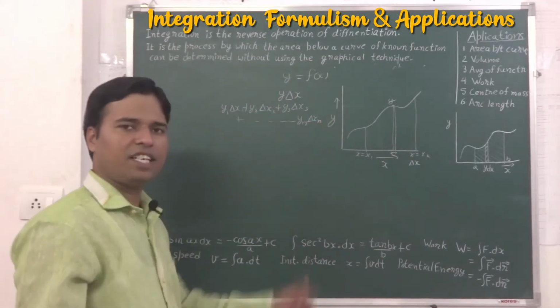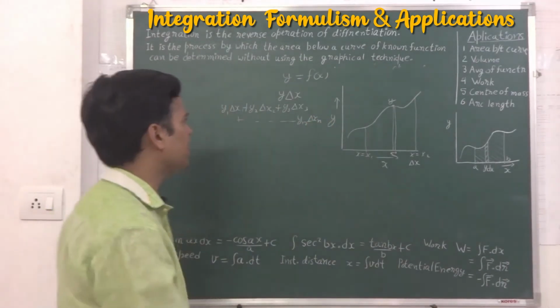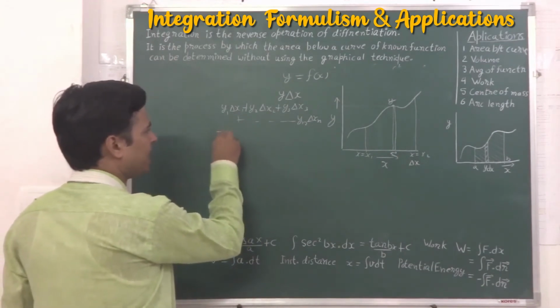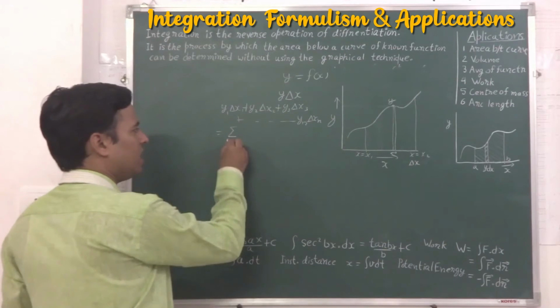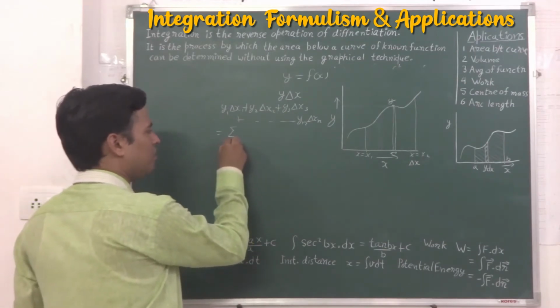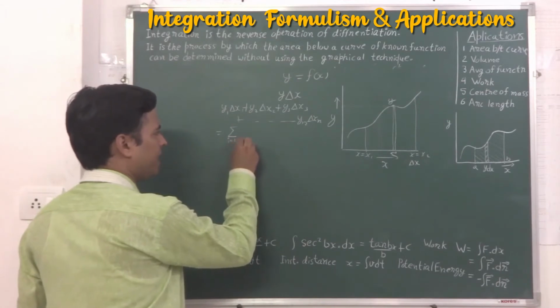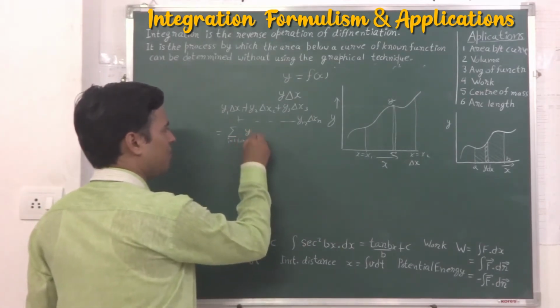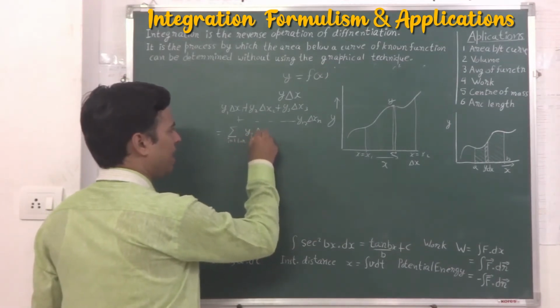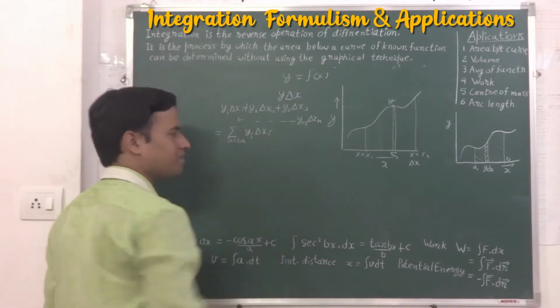The nth strip is the last strip in this region, so we can write it as the summation in this region from i equal to 1 to n. We can write here yi delta xi.